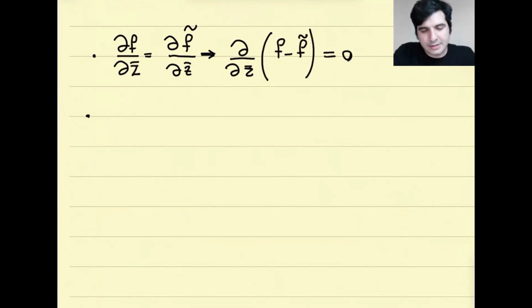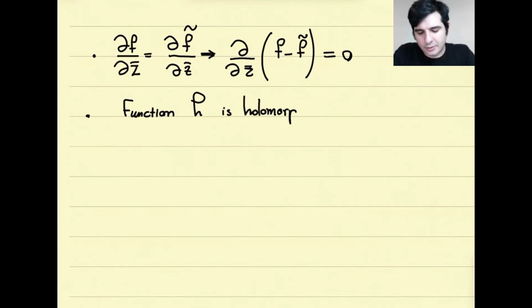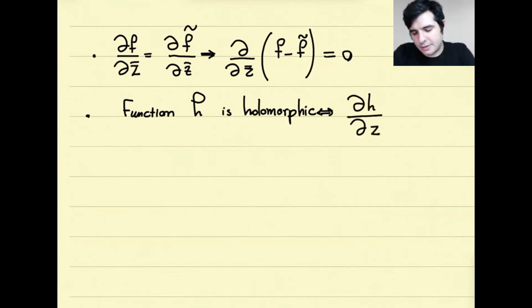Now, we had this simple theorem or lemma that a function satisfies the Cauchy-Riemann equations, or is holomorphic. A function, let's denote it h, is holomorphic if and only if the derivative of h with respect to z bar is equal to 0.